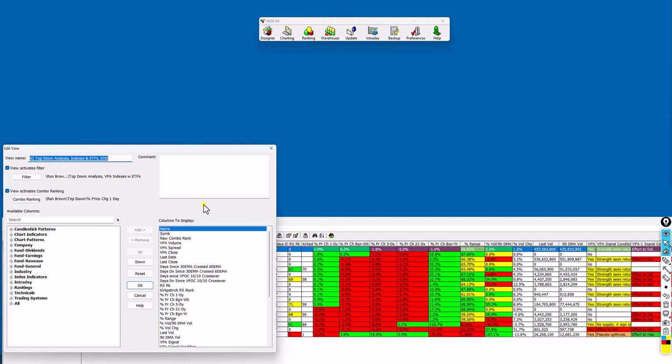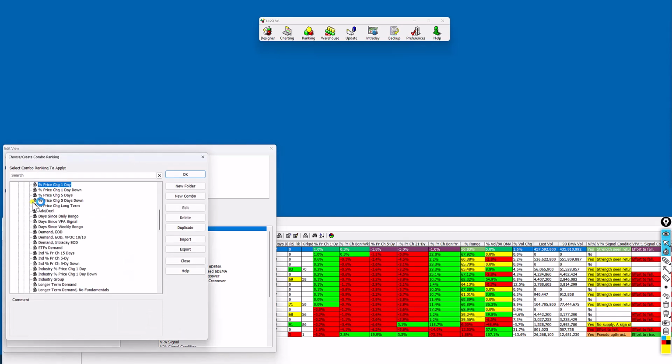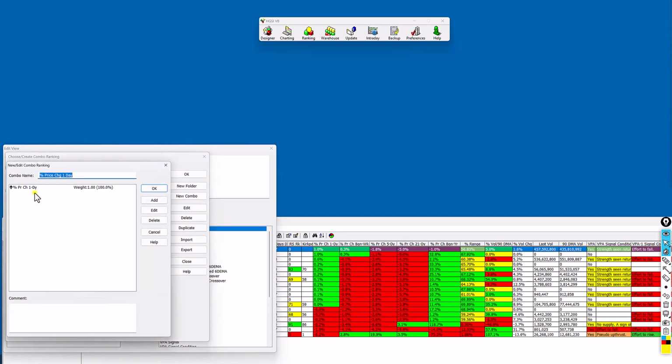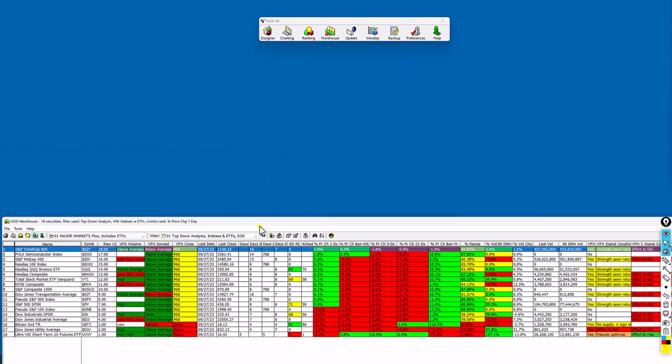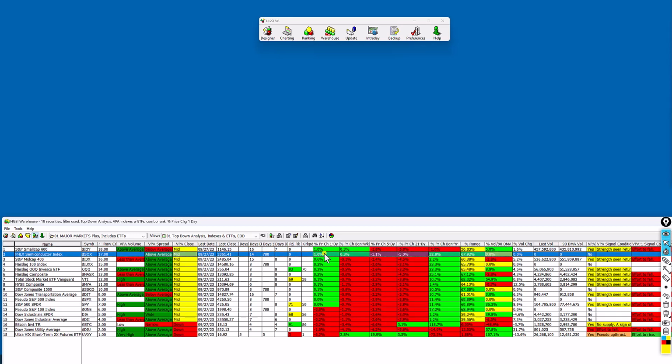Now, if you're new to HDSI, you need to know that a filter is attached to this view, and also what's called a combo ranking, where you can specify the fields, and the only field in here is a percentage price change one day. So when this view comes up, I know that the index on top had the greatest gain for yesterday. There are two of them tied, small cap and the semiconductors.